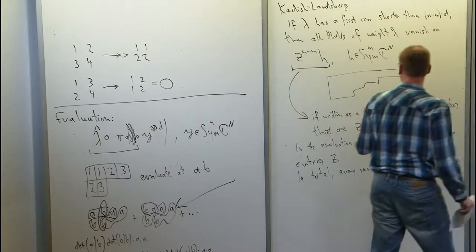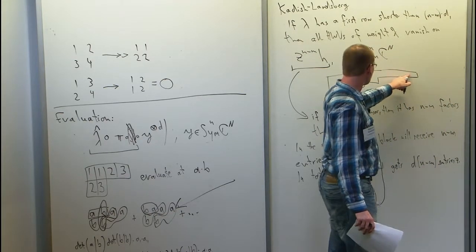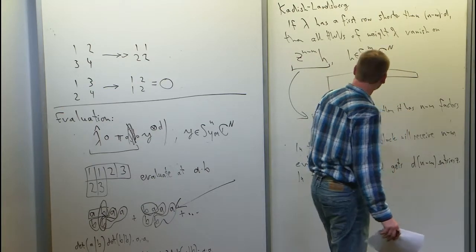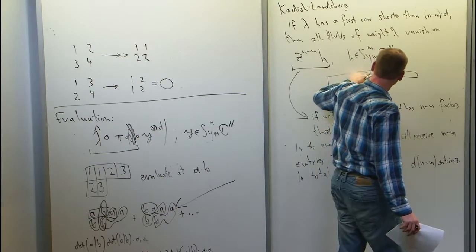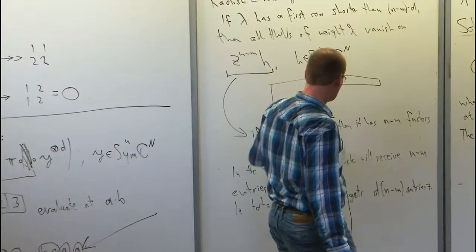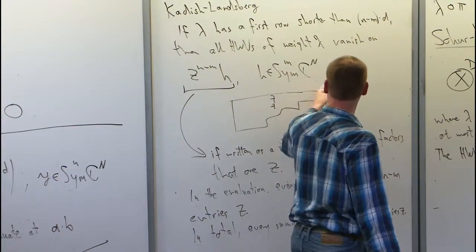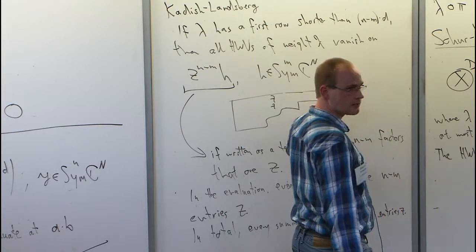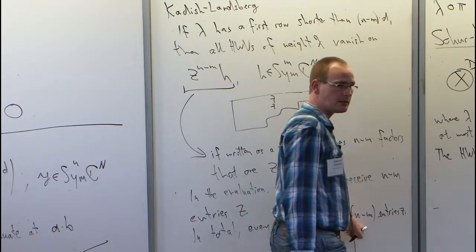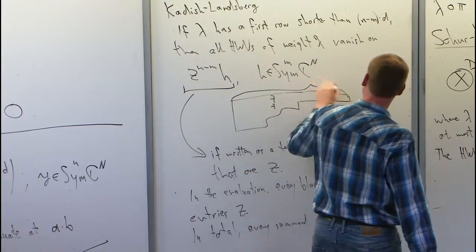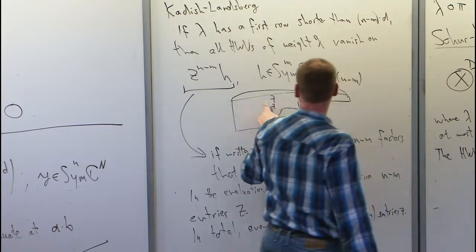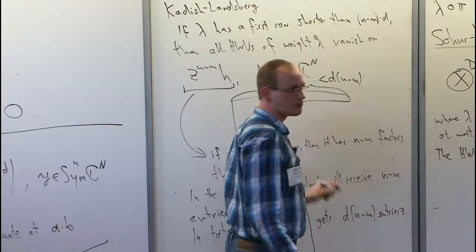Right? So now, what happens if your tableau is too short? Then at some point, by the pigeonhole principle, we will get a z and another z on top of each other. If it is shorter than d times n minus m, then there has to be, by the pigeonhole principle, some pairing z and z.